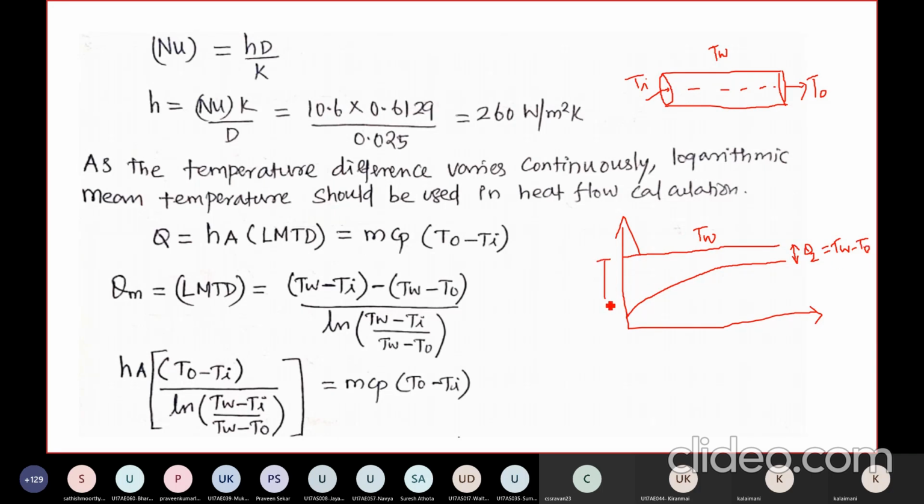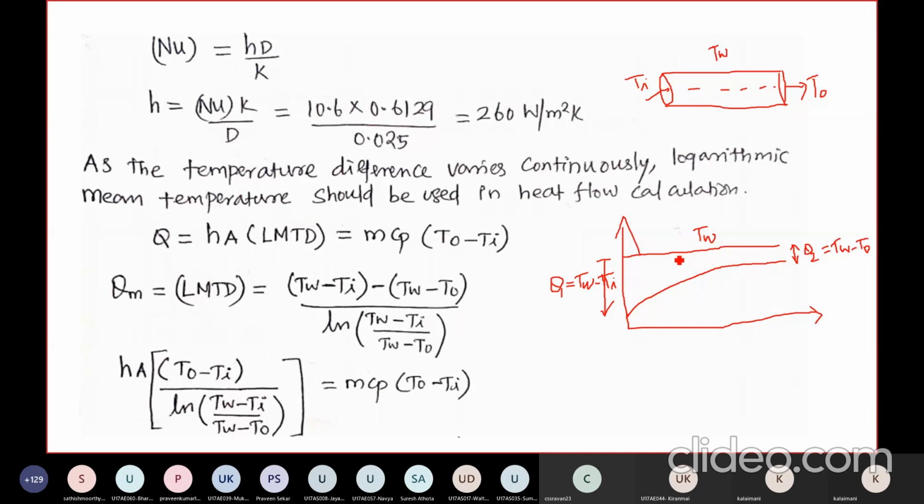The inlet temperature difference I consider as theta 1, which is Tw minus Ti.